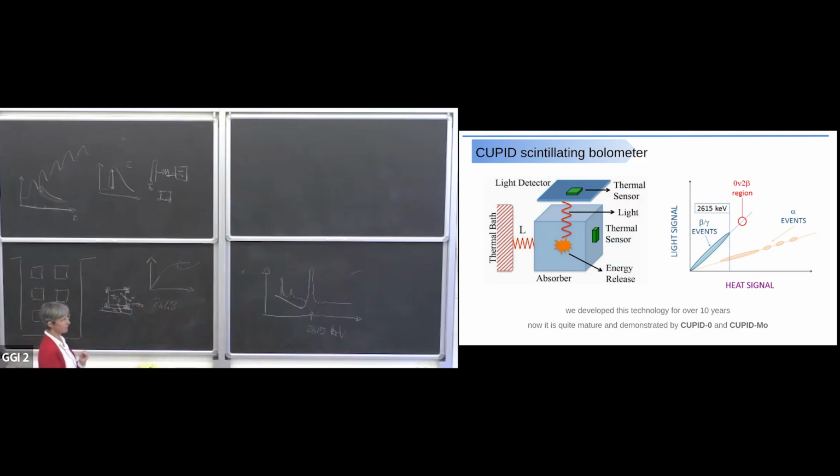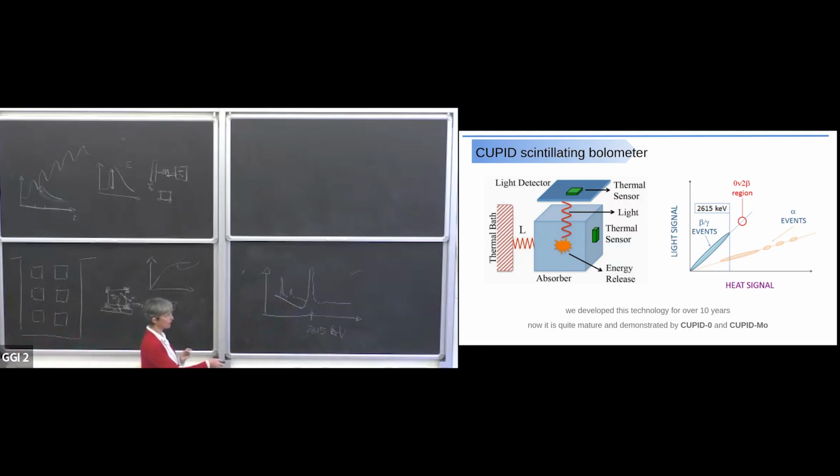There are other double beta decay candidates that can be embedded in a crystal with scintillation properties. And so this big crystal is the source and also the device that we use to measure energy, because the fraction of energy that you lose through scintillation is very small.